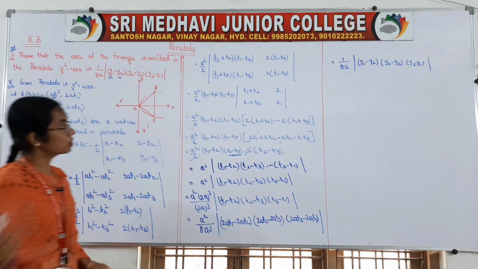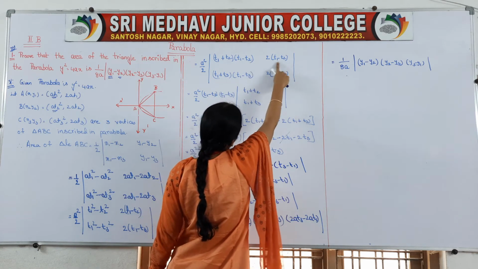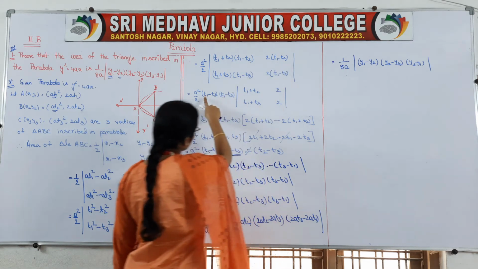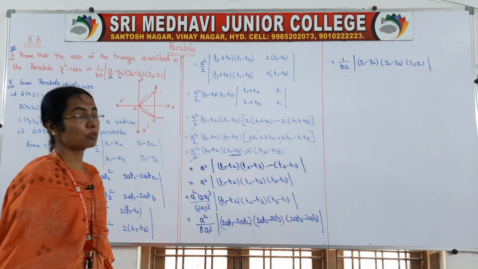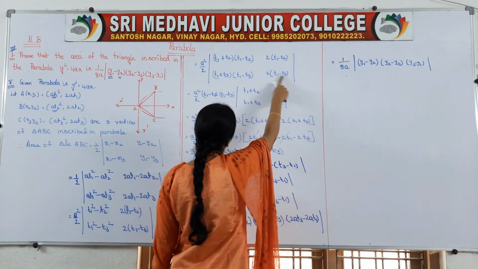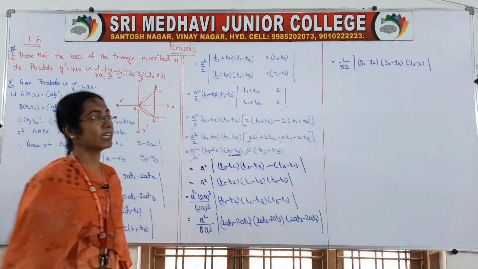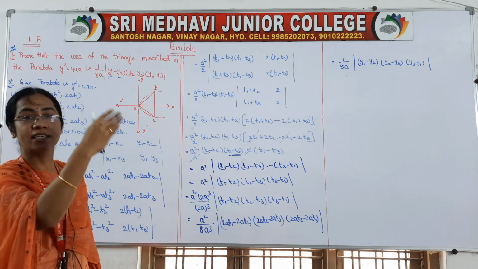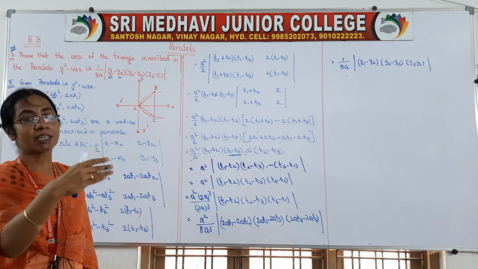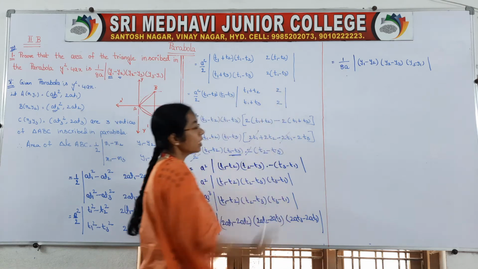If you observe this, in the first row t1 minus t2 is there, t1 minus t2 is there, so we can take t1 minus t2 outside. Similarly t1 minus t3, t1 minus t3, so from the second row take t1 minus t3 outside. After that, it is the determinant a, b, c, d: ad minus bc form, this into this minus this into this.